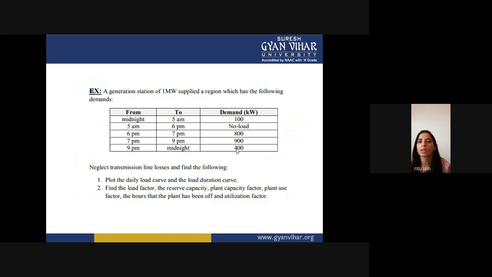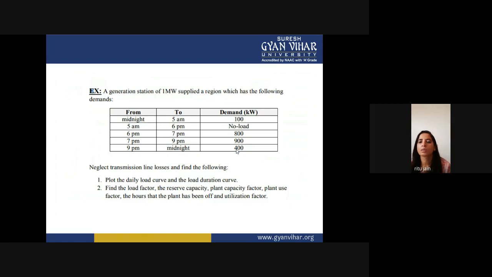From midnight to 5 a.m., it has 100 kilowatt, 5 a.m. to 6 p.m., it has no load, 6 p.m. to 7 p.m. for 1 hour, it is 800 kilowatt, and 7 p.m. to 9 p.m. for 2 hours, it is taking 900 kilowatt, and 9 p.m. to midnight, the load is 400 kilowatt.